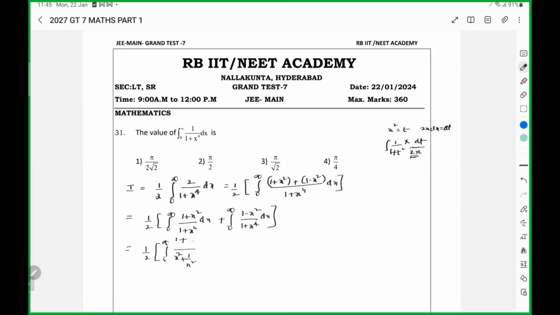So dividing with x square, we get 1 by x square plus 1, and 1 by x square minus 1.